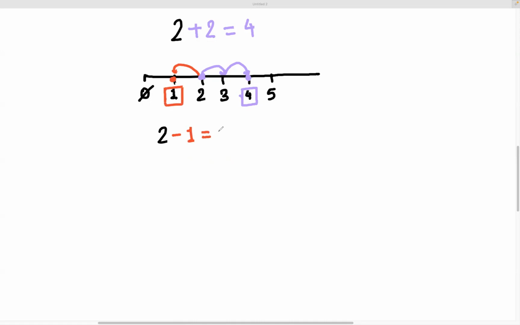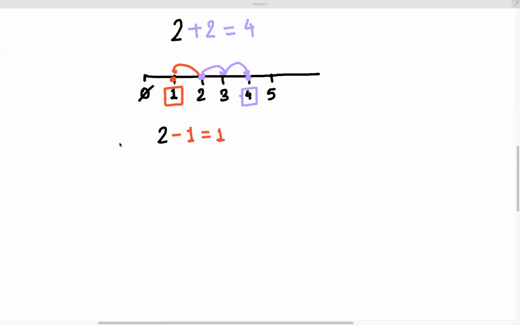So when we subtract 1 from 2 we have this value of 1. Apart from this, you can try and think about any other calculations. This is the way it would work out.